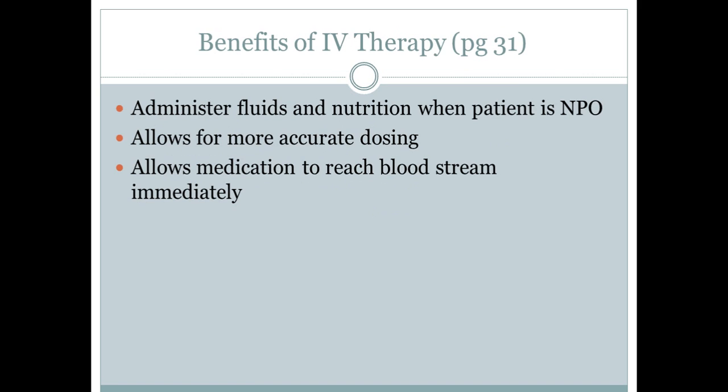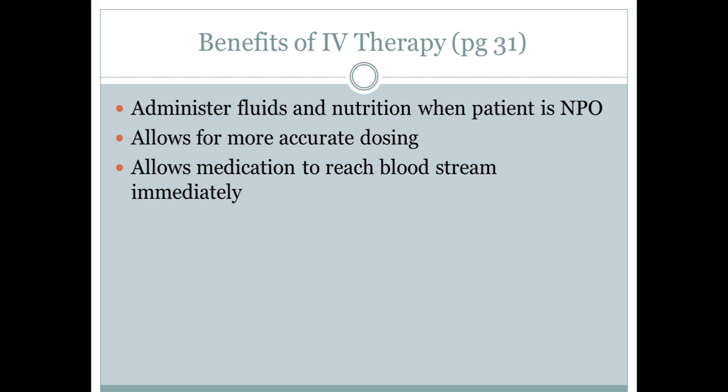Some other things to review are benefits. Obviously, if the patient is NPO, whether because of surgery or because they're nauseated and vomiting, for whatever reason, we can get this patient fluids and nutrition via line. It also allows for more accurate dosing, as well as allowing the medication to reach the bloodstream a lot quicker, and the patient will get that medication basically immediately.